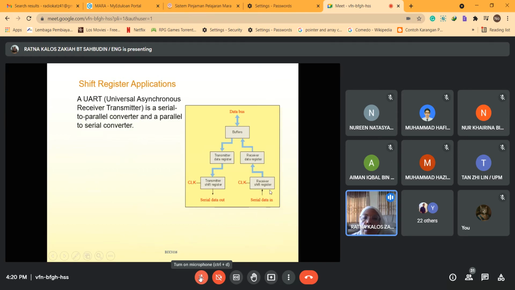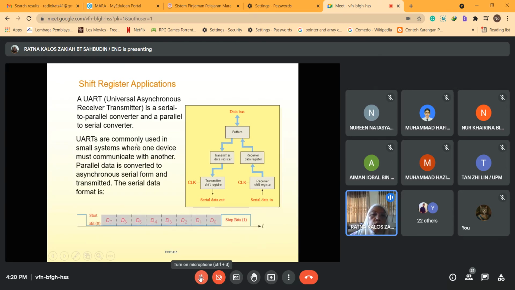You can see here data goes into the receiver shift register and then goes into the receiver data register, then to the buffer, and then to the data bus. From the buffer it is also bi-directional. You can see here this is the transmitter side, and also the receiver side here.